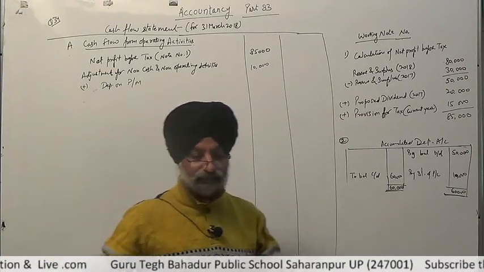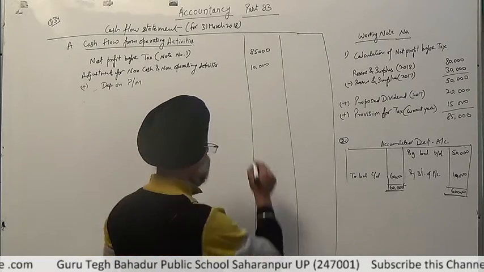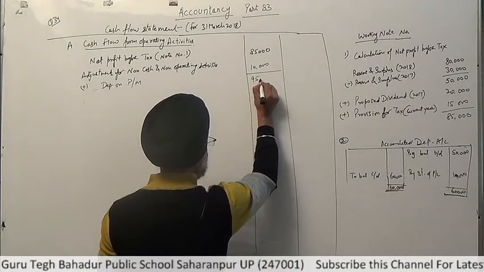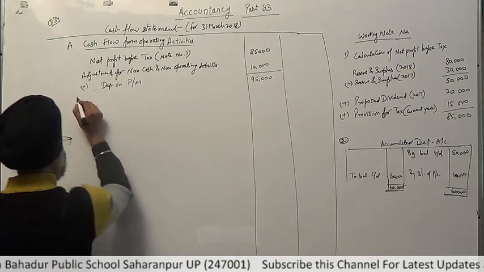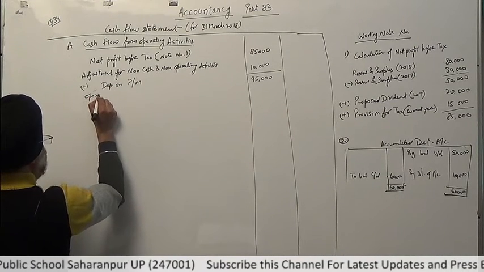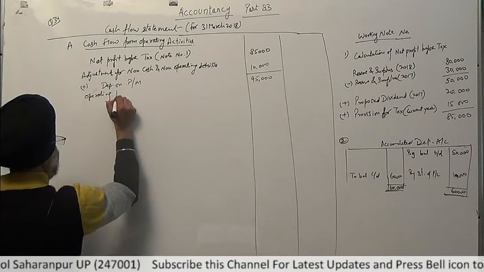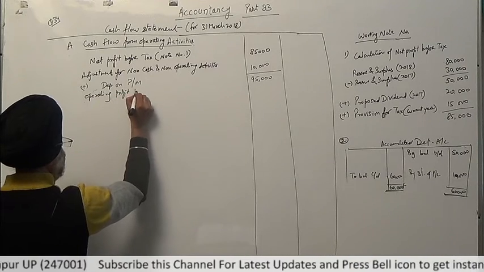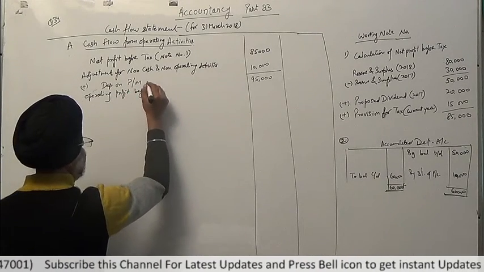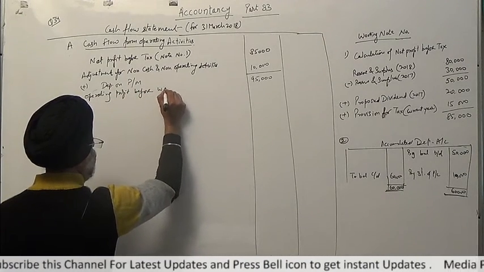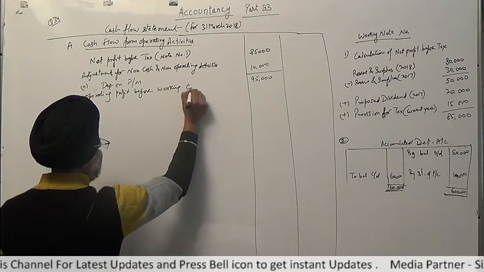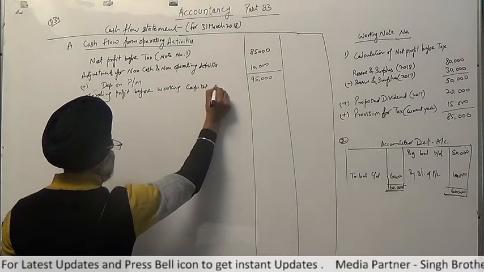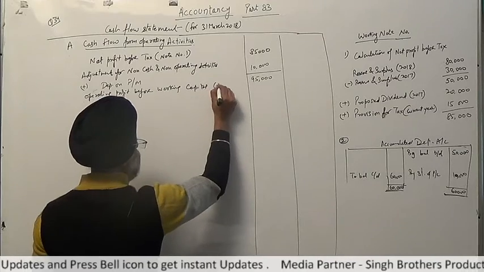After this, this is 95,000, operating profit before working capital changes.